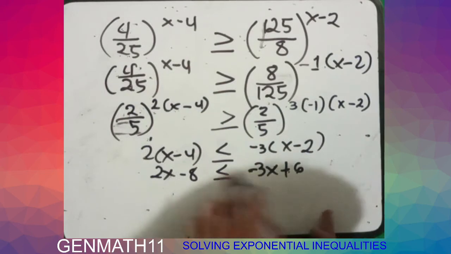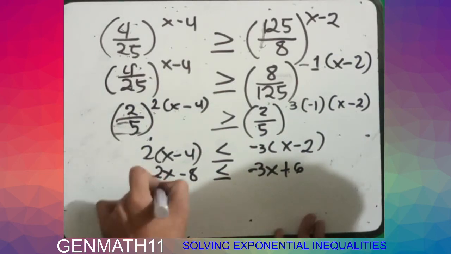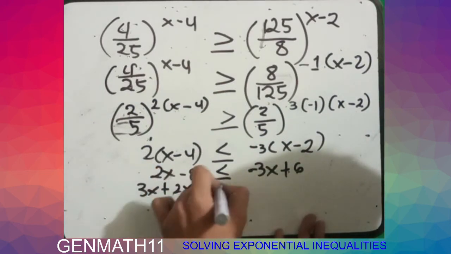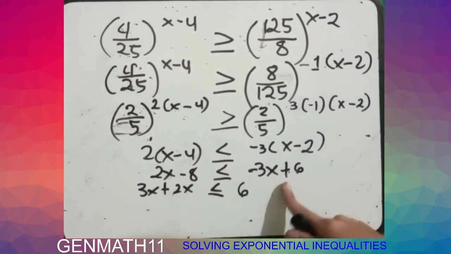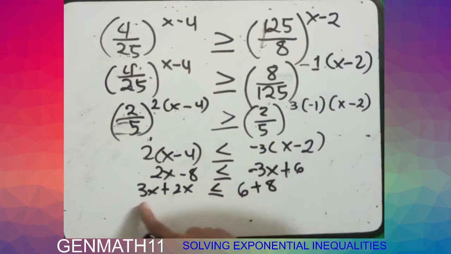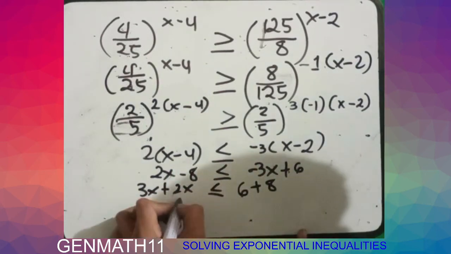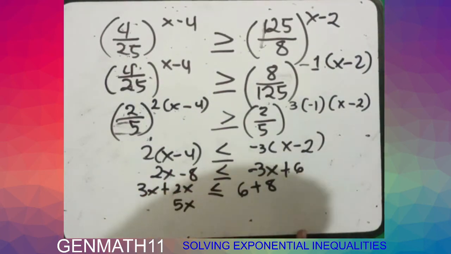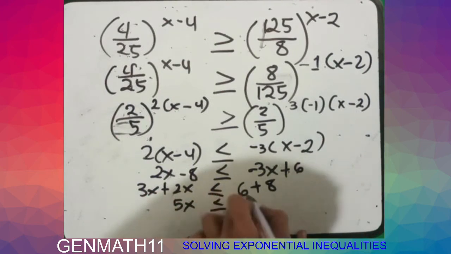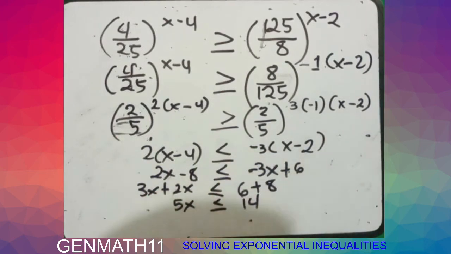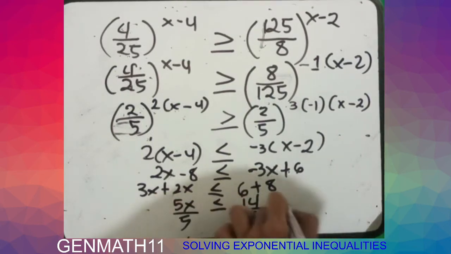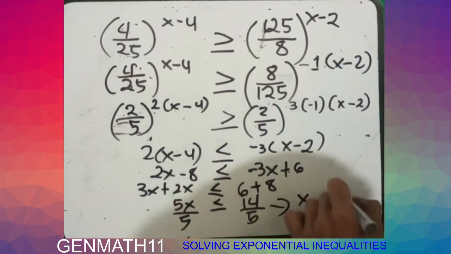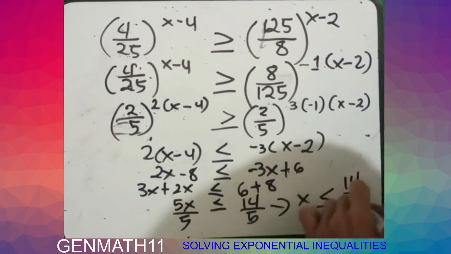Then, combine like terms: si 3x ililipat pa, magiging positive, plus 2x less than or equal to 6 plus 8. So, 3x plus 2x is 5x is less than or equal to 6 plus 8 is 14. So, divide both sides by 5. So, x is less than or equal to 14 over 5.